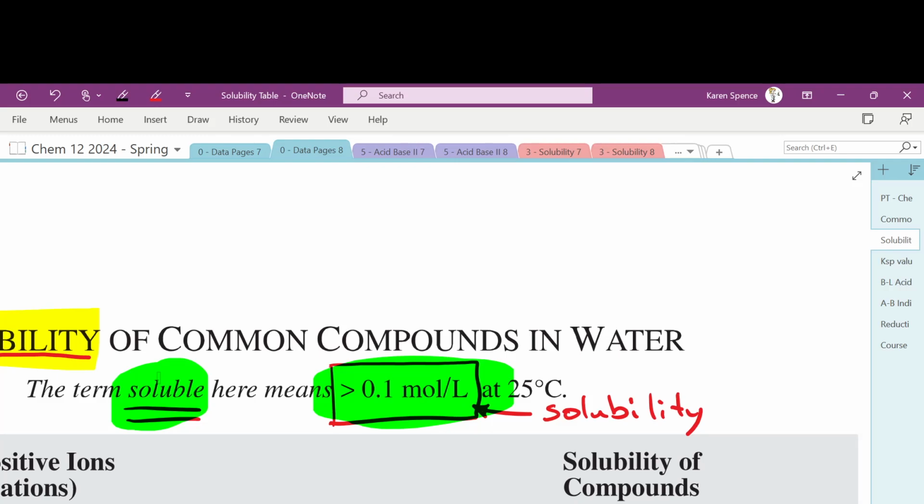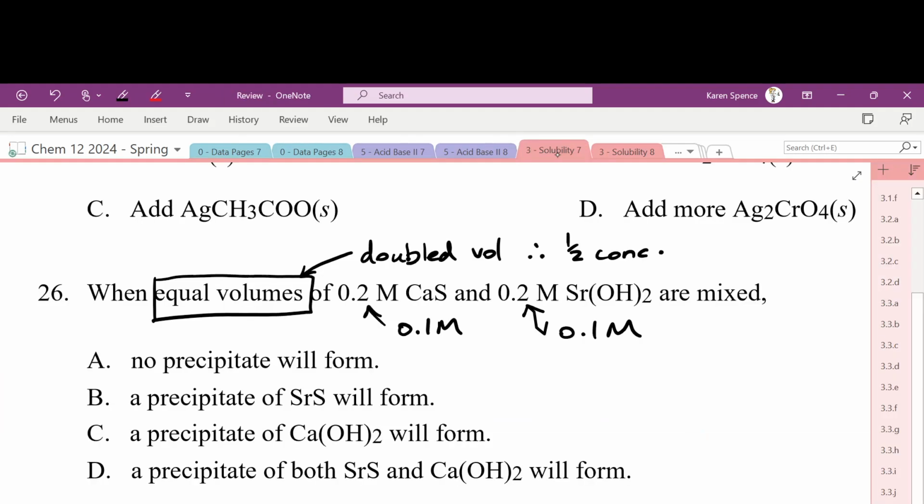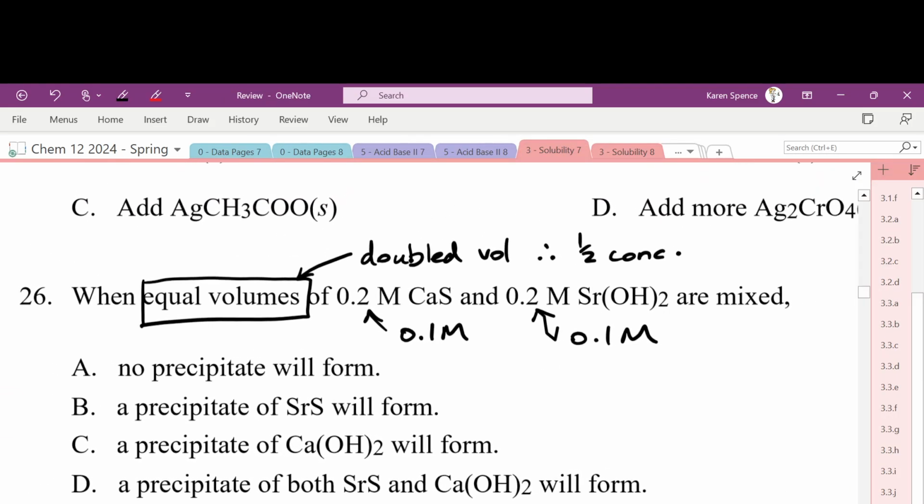So we're looking for something which is soluble, or something which is not soluble, actually, because we want to see if a precipitate forms. So we're basically looking to see who is, we would have our outside ions, calcium hydroxide, and our inside ions, strontium sulfide. So let's look up calcium. I believe calcium hydroxide is low solubility.